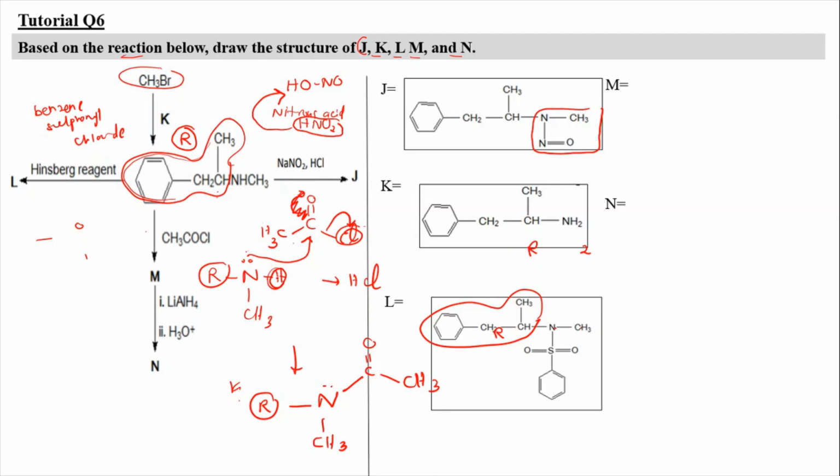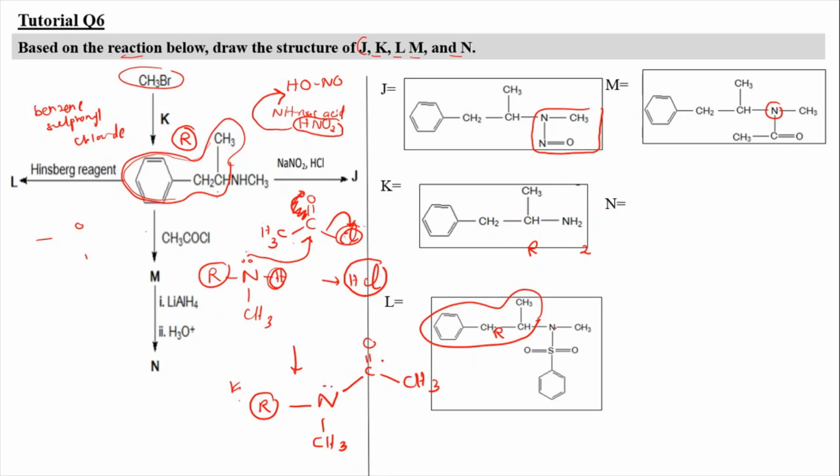Okay, and the H and Cl here gonna be eliminated as the byproduct of HCl. Okay, so what you're gonna form is an amide here. Okay, so it's gonna look something like this. Okay, and C double bond O, CH3, and then the CH3 there. Okay, the other one is R, which is we just copy back again from the question. Okay.